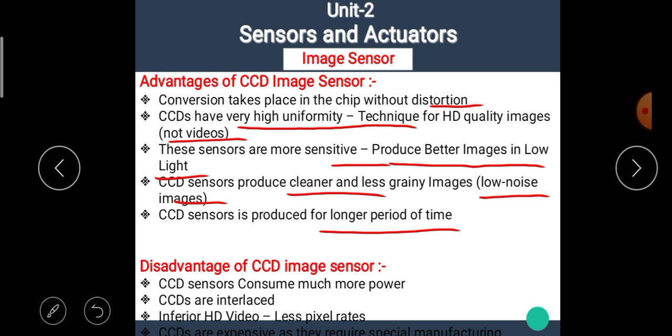Now let's see the disadvantages of CCD image sensor. The CCD sensors consume much more power. They are interlaced and inferior for HD videos, that means less pixel rate. CCDs are very expensive as they require special manufacturing.